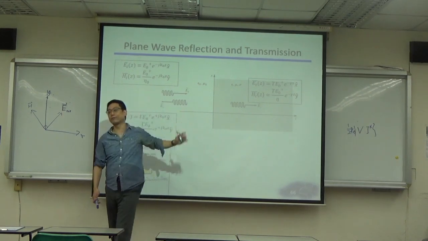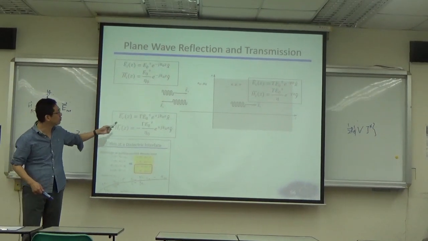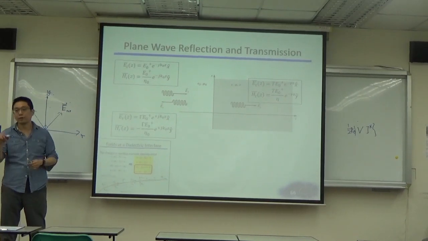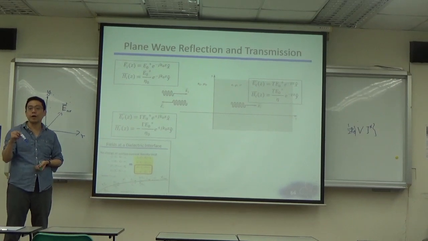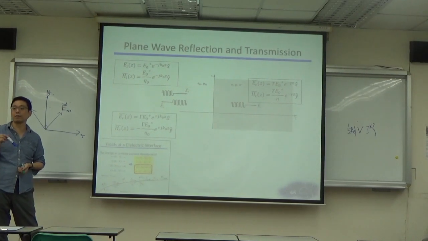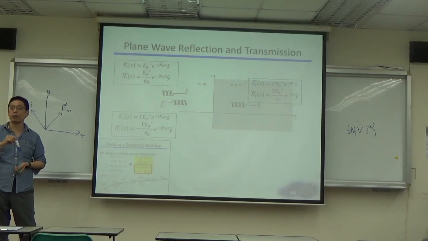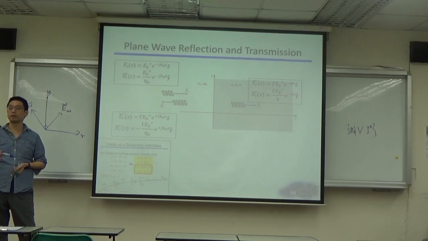Show me all the fields, E and H field. You will see a midterm. And then you need to use this to give me the numbers. I will ask you what is the transmitted E field, the transmitted H field, the reflected H field, and the reflected E field. Okay?